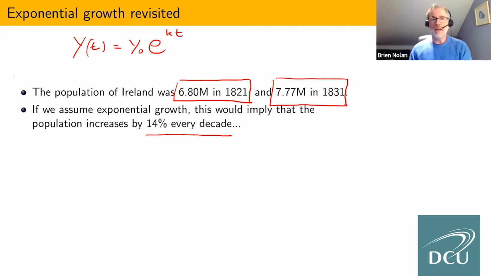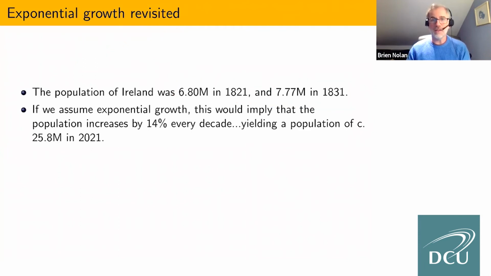If we extend our use of this exponential growth model over the course of 100 years, up until 2021, over 200 years, sorry, this yields a population of 26 million. And our population, of course, is nowhere near 26 million. So this exponential growth model has this problem.